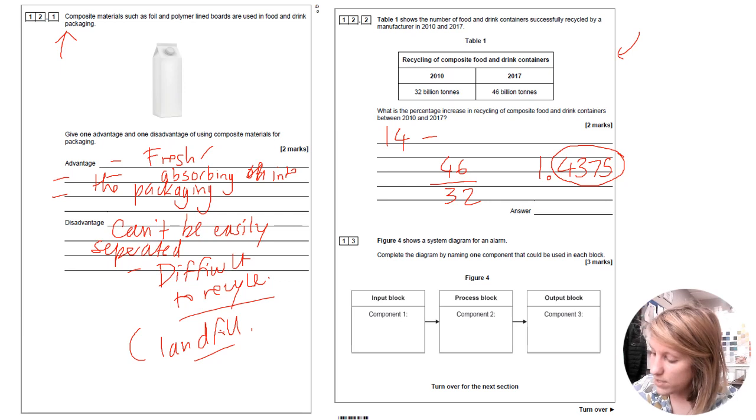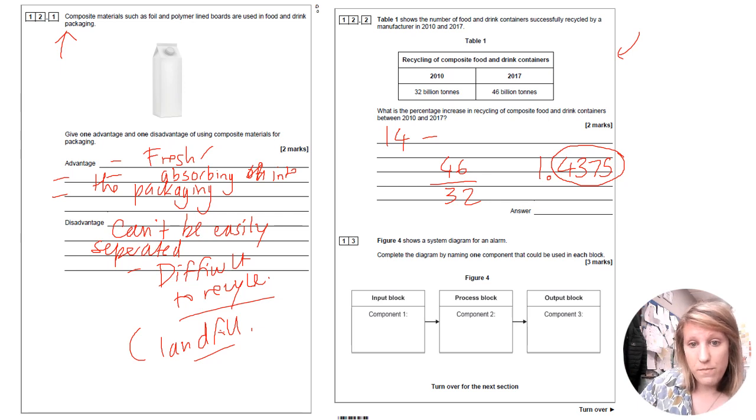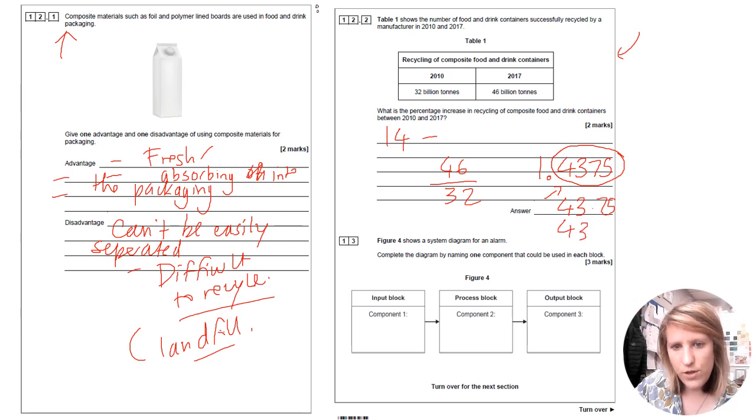You can then times that to kind of get the right answer, but basically this means that it's 143% the amount, so the extra on top of the 100 is 43.75. You'd also get the mark if you rounded it up to 43.8%. There's different ways of doing it. I don't like that question very much, but I don't like percentages. It's something I can't do. So hopefully you know the method for that, but yeah, that's how much the increase is.